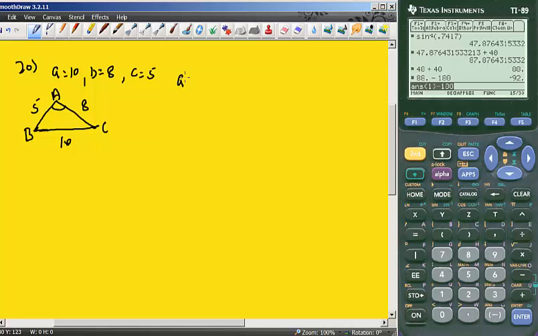So that means we're going to use A squared is equal to B squared plus C squared minus 2BC times cosine of angle A. And angle A is what we're trying to find.